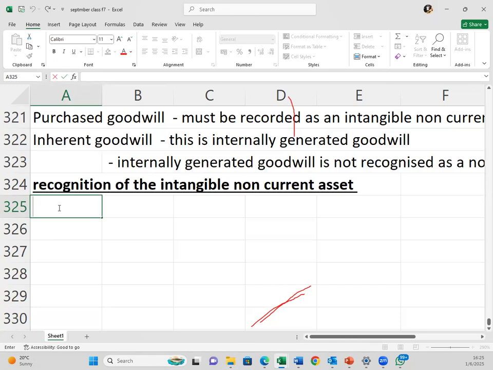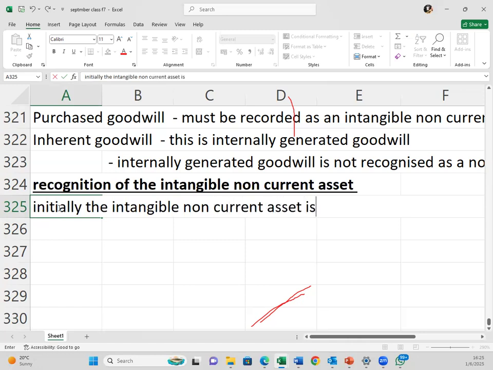But initially, you recognize the intangible non-current asset at cost. Initially, intangible non-current assets are recorded at cost.